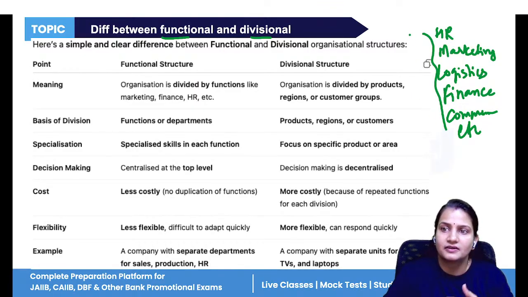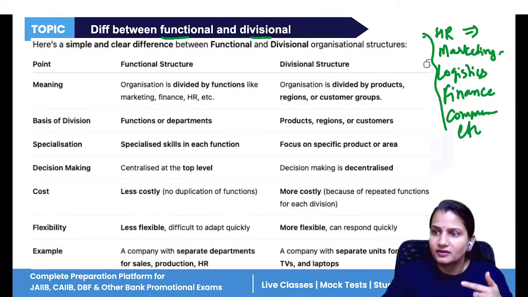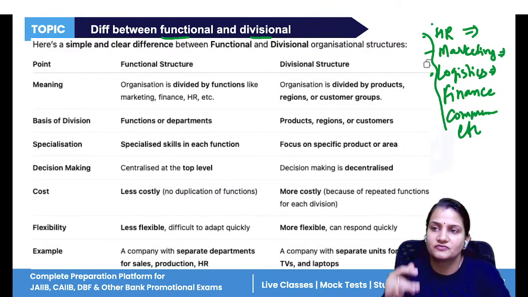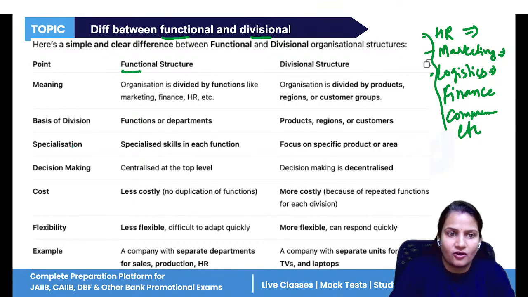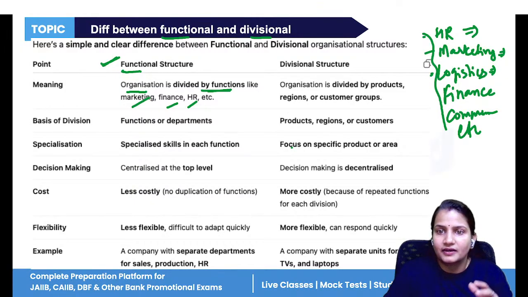Now if you are dividing activities, all the employee related activities will be included in HR, all the product related activities will be included in marketing, all the conveyance and transport related activities will be included in logistics. So this is dividing on the basis of function. So the organization is divided by functions like marketing, finance, HR. It is known as functional structure. Divisional is more specific.